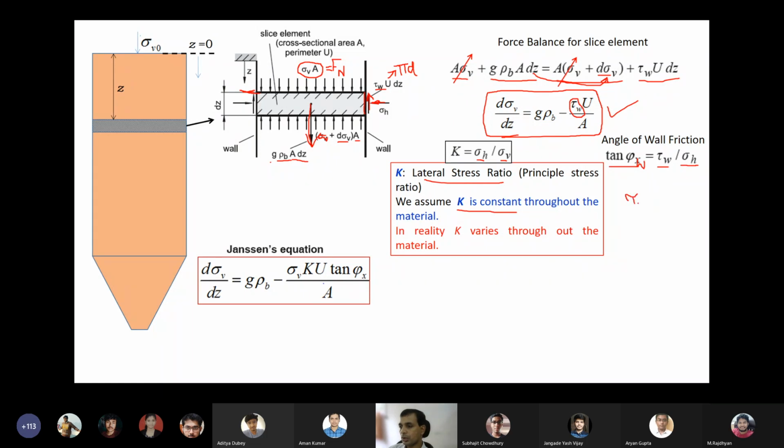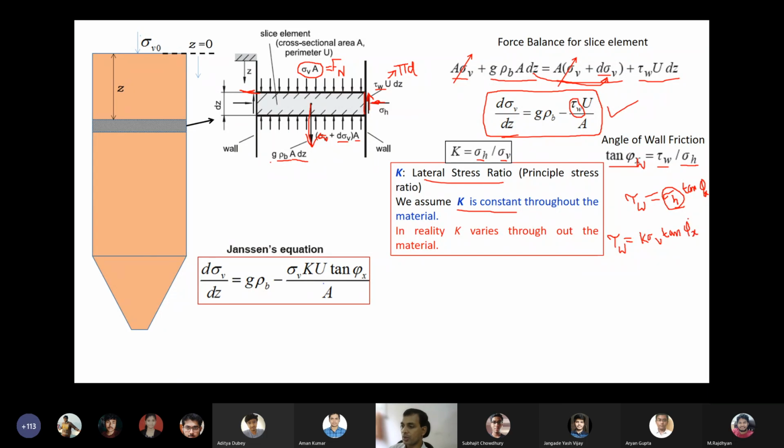Tau W equals horizontal stress into tan phi x, and horizontal stress equals K into sigma V. So tau W equals K into sigma V into tan of the angle of wall friction.